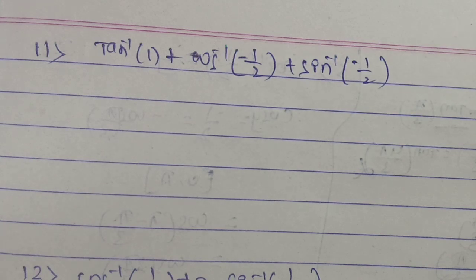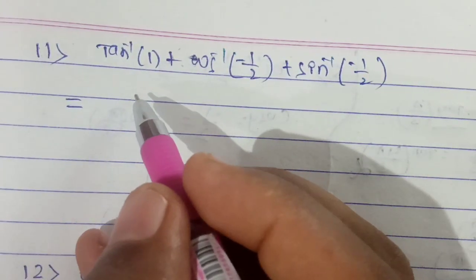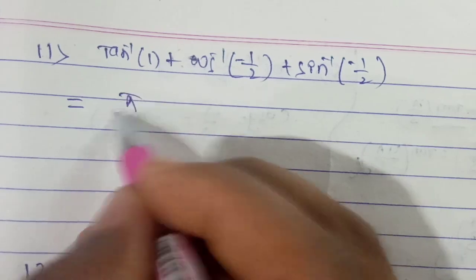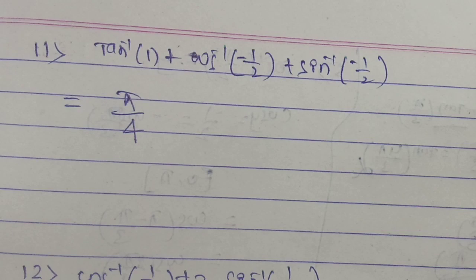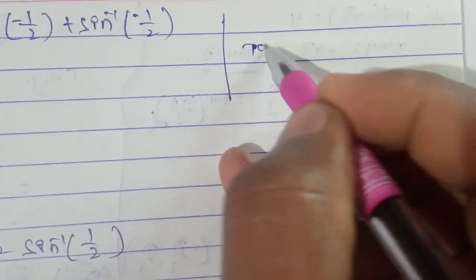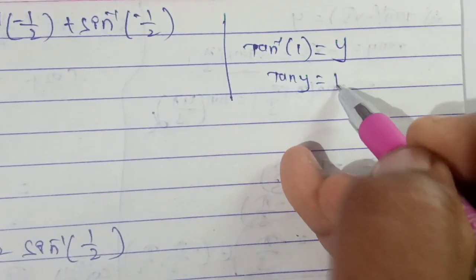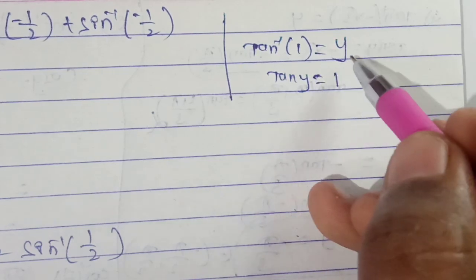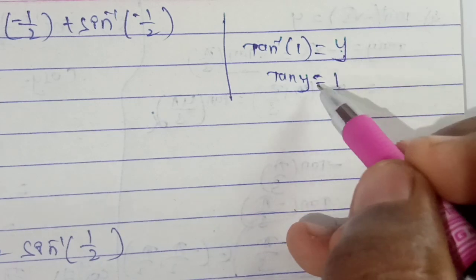Tan inverse of 1 plus cos inverse of minus 1/2 plus sin inverse of minus 1/2. Here we know that tan inverse of 1, I am going to write directly. Tan inverse of 1 is pi by 4, because tan inverse of 1 is equal to y, and tan y is equal to 1.